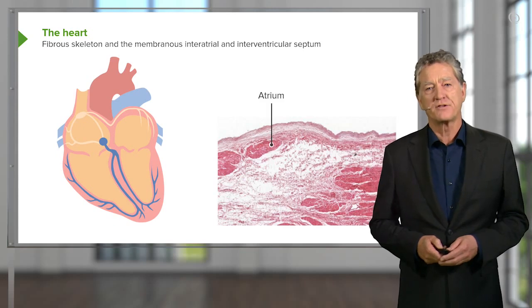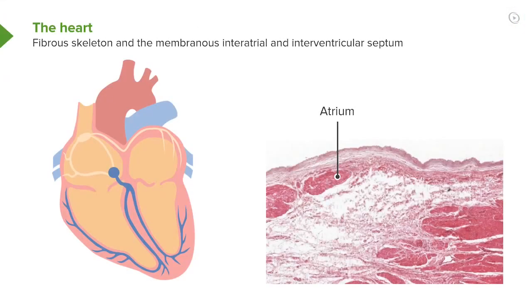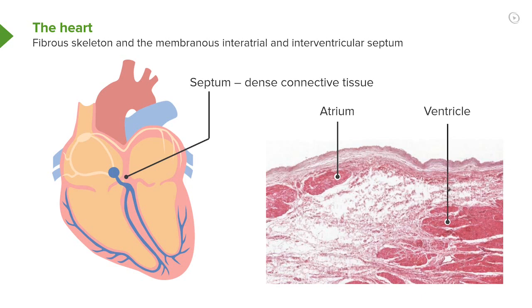On this slide, you can see a tiny little section taken through the myocardium of the atrium. And also you can see that there's a septum of connective tissue between both atria here and also between the ventricles. Here's a section showing you a piece of myocardium of the ventricle.